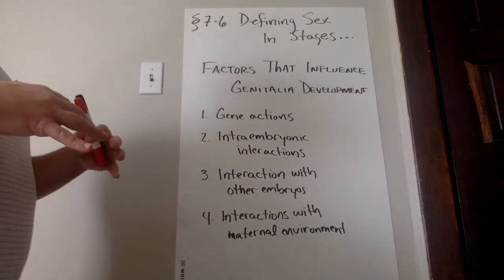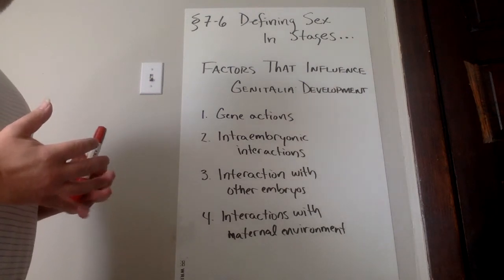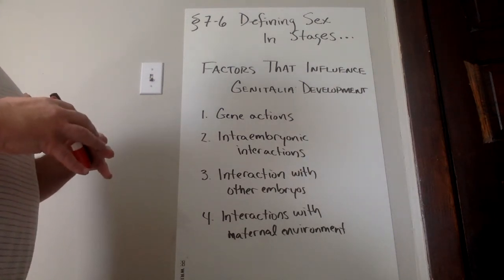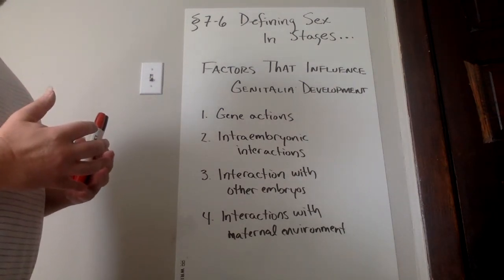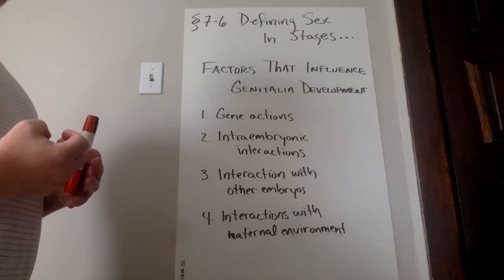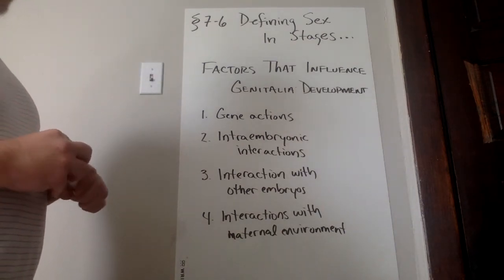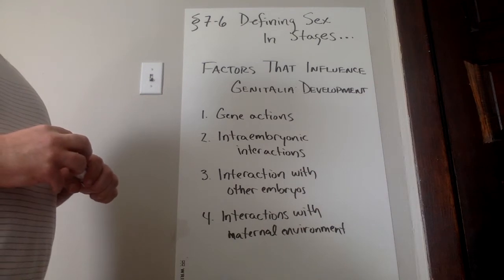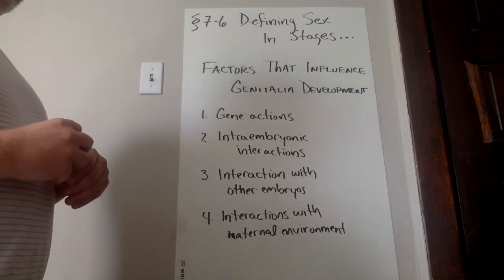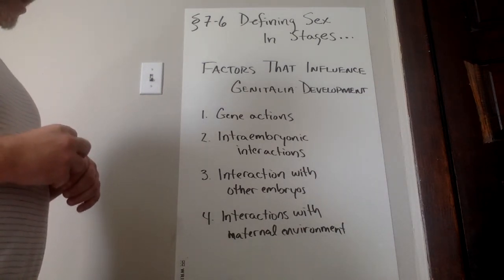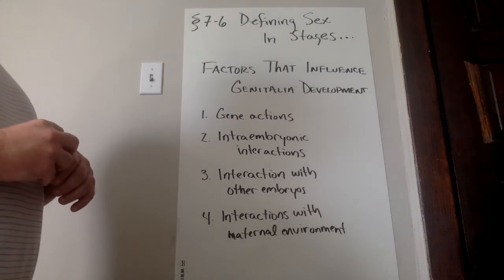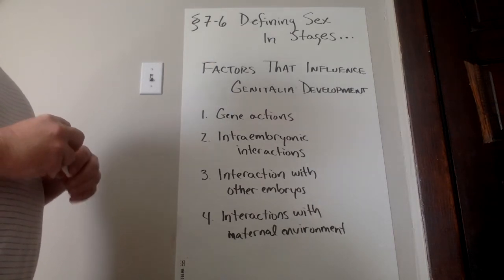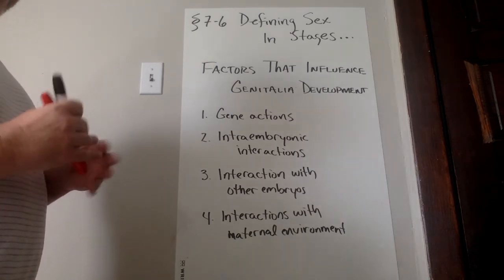So you are in the uterus that has all different types of chemical interactions that are happening, that are signals coming from mom, or we were talking about Rh positive and Rh negative interactions with blood types. There are so many things that can be happening outside of the body that can also affect development.